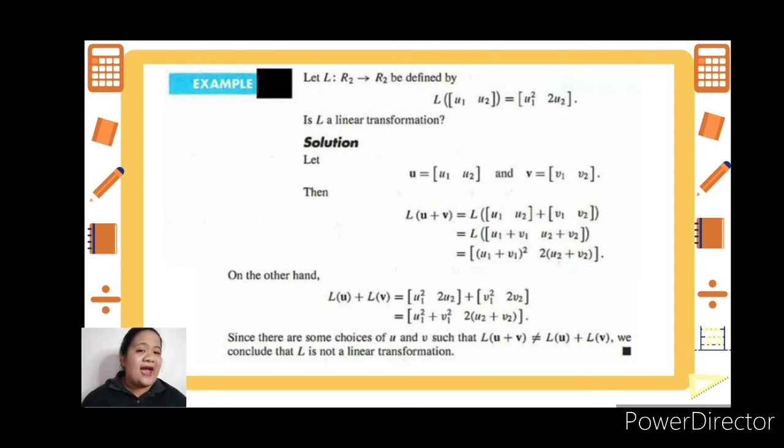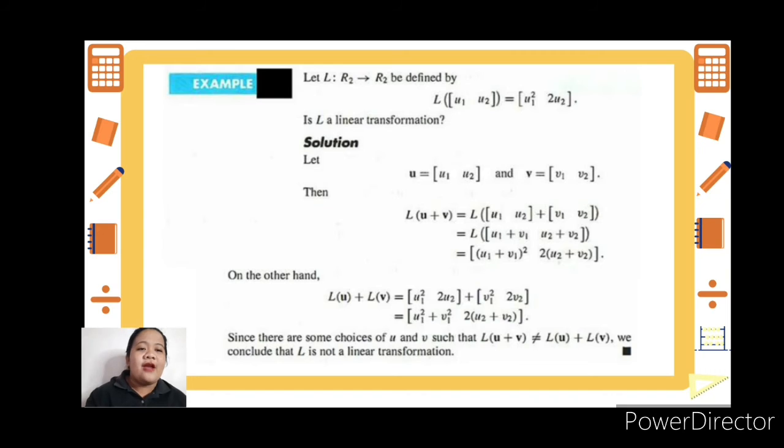On the other hand, if we distribute the L times u plus v, LU plus LV is equal to u sub 1 squared, 2u sub 2, plus v sub 1 squared and 2v sub 2. So here, substitute again the definition of the example.